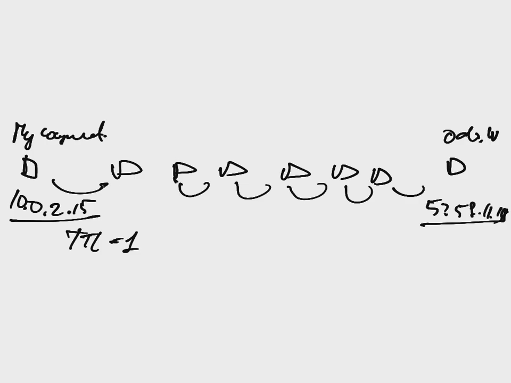So when this router receives the packet, it reads it and it sounds something like this: my source address is 10.0.2.15, target address is 52.58.11.108, please respond, but time to live is 1. So it should retransmit it to the next one, but because it decreases it to 0, it does not resend it anymore because it is dead.